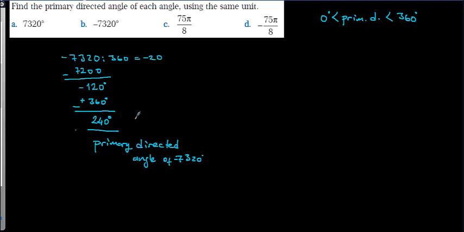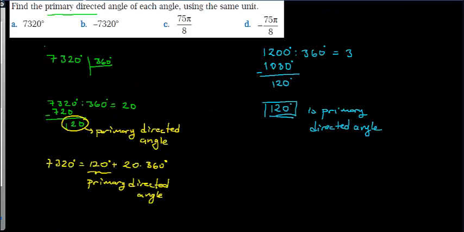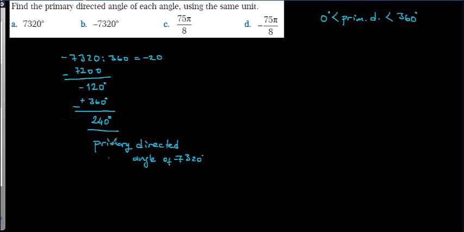What is the difference if we compare with the previous one? For the negative angles, we are finding the remainder also negative. When you add 360 to the negative remainder, you are getting the primary directed angle.